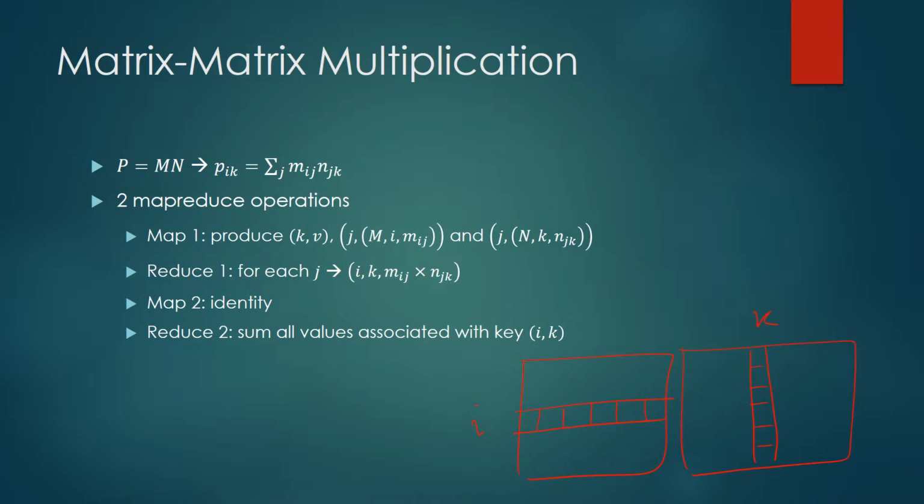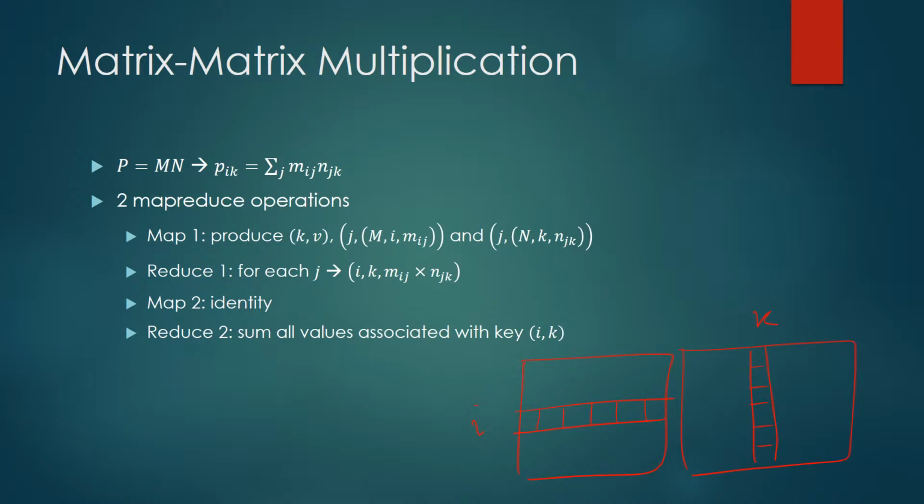So for each of these J's, I'm generating (i, k) with M_ij times N_jk. So the product is done. I'm not actually doing the summation because the summation happens separately. I'm producing different sets of pairs for each of these. That's why the second map stage is just the identity.